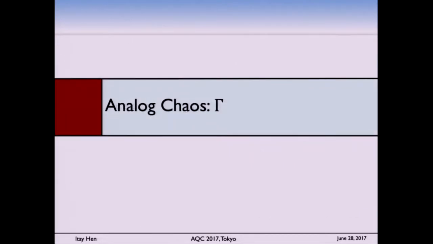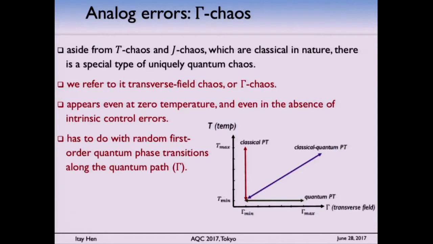And skipping ahead, I just wanted to say something about another special type of analog chaos, which I call gamma. Gamma means it's a uniquely quantum chaos. It's a transverse field chaos. It comes from what happens if you move at zero temperature from the driver Hamiltonian to the problem Hamiltonian.